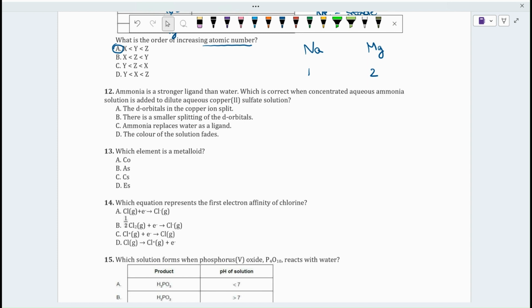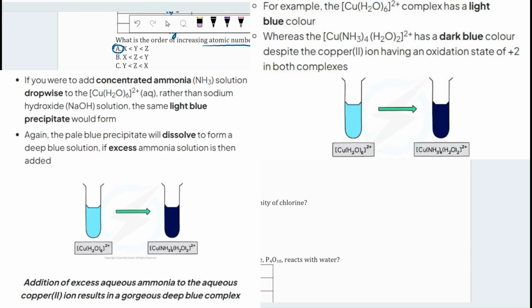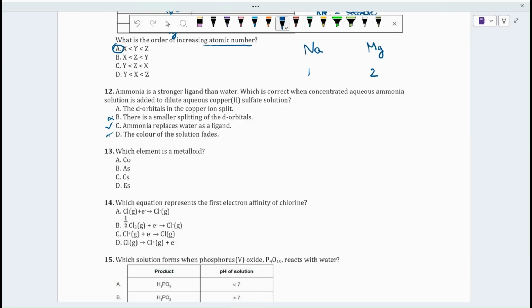There will be a larger splitting of the d orbitals, okay, because ammonia is a stronger ligand. The stronger the ligand, the bigger the split. So not B. C, ammonia replaces water as a ligand. It does. It's stronger, so it will replace it. The color of the solution fades. I will insert something here to explain that, but that is not the case. So that will be C.